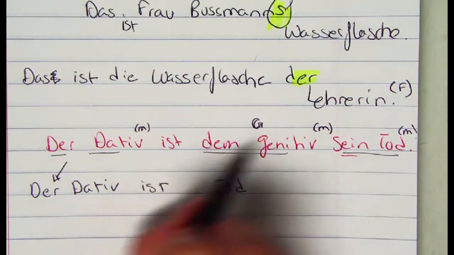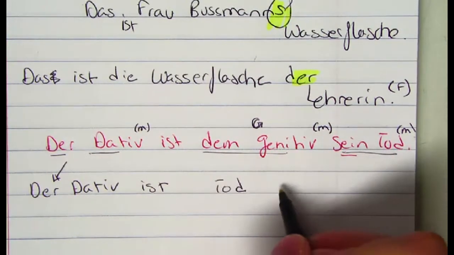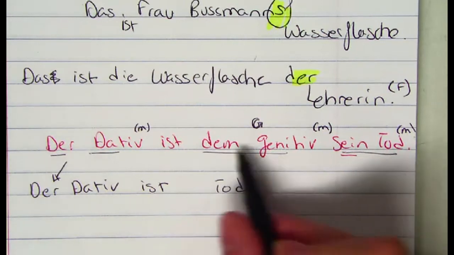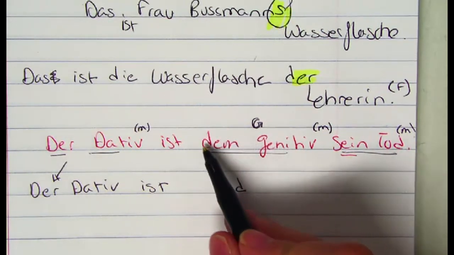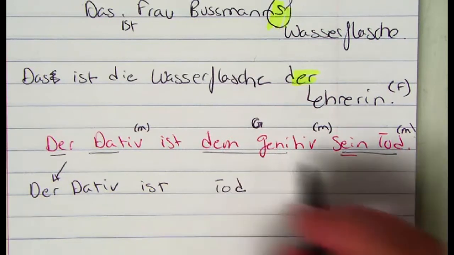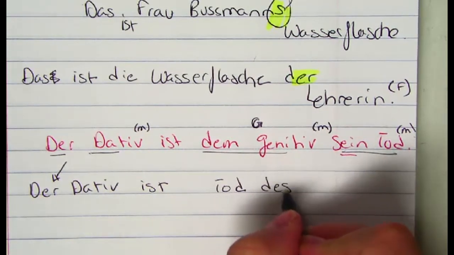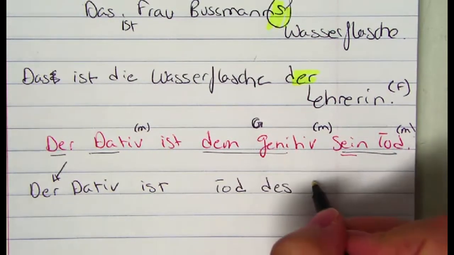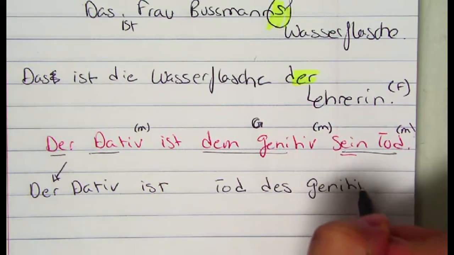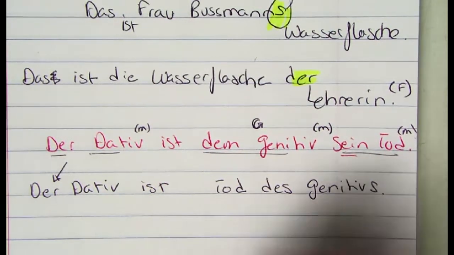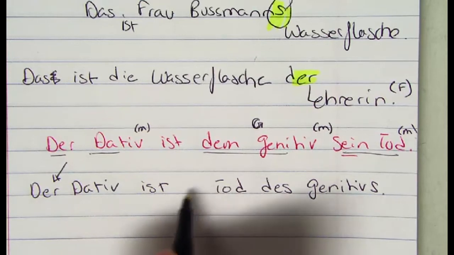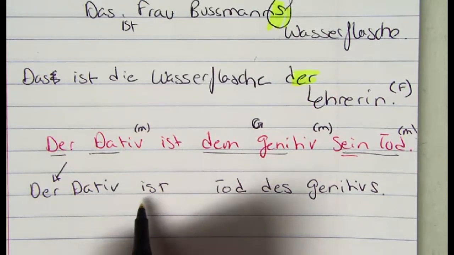And then you've got something masculine. So if you look at your case chart right now, something masculine, what ending do we have to have on the der word? Okay, hopefully you got that. Des. Genitiv, and we're adding that second S. Now we're missing a der word right here. Der Dativ ist.